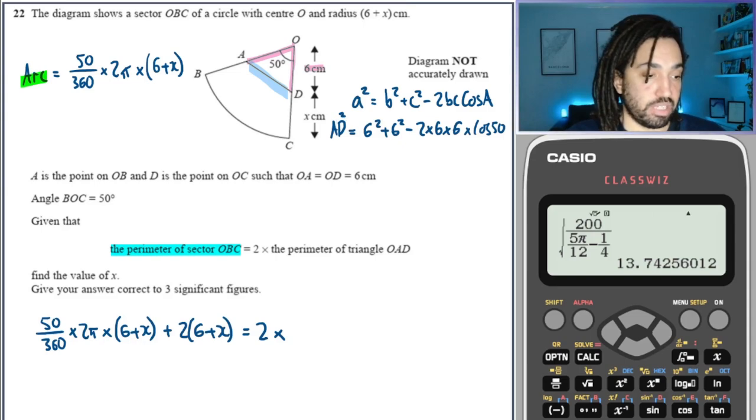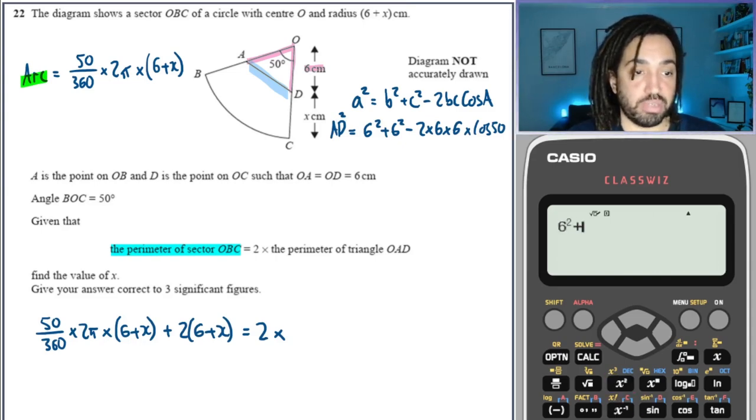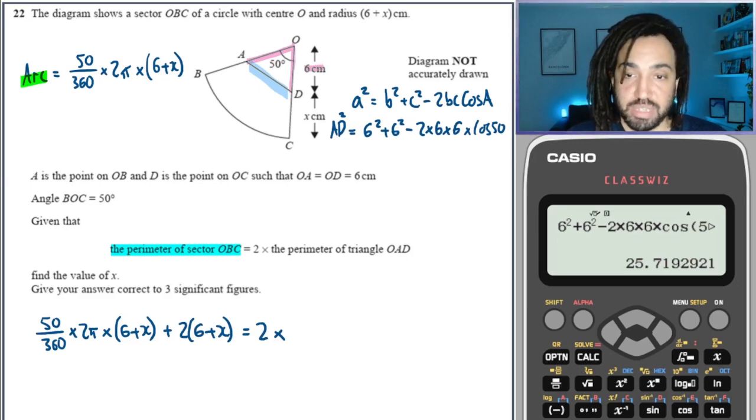Okay, so let's go to our calculator to work out what this is. So it's 6 squared plus 6 squared minus 2 times 6 times 6 times cos of 50. Okay, so that gives me AD squared is equal to 25.7.